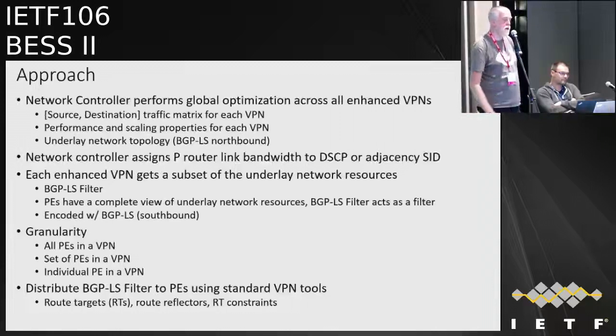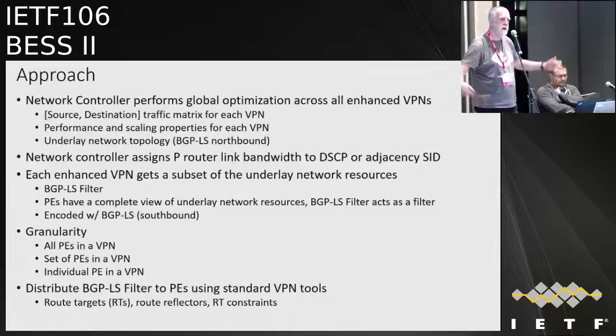Given that, the network controller can have a look at what's available and make some decisions, and assign to the P routers bandwidth that will be identified or associated with DSCP code points or adjacency SIDs. Having done that, each enhanced VPN gets a subset of these underlay resources, and that subset we are calling a BGP-LS filter.